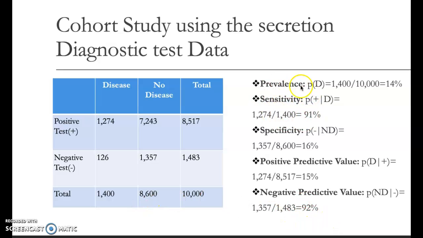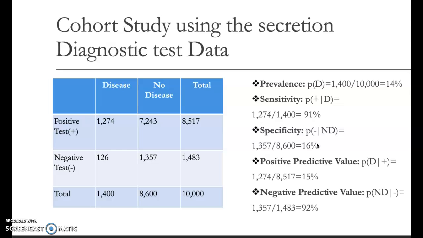So our sensitivity for this study was 91%, which tells us how often we correctly diagnose individuals as having this disease using this test. And then we have the specificity, which was 16%, and this tells us how often we correctly diagnose a non-disease individual as not having the disease.